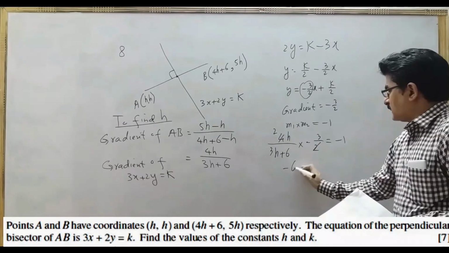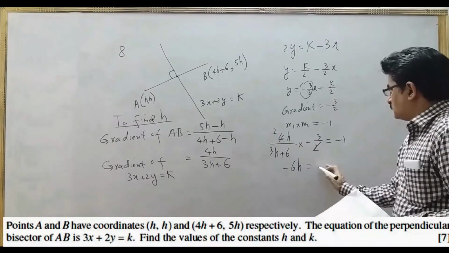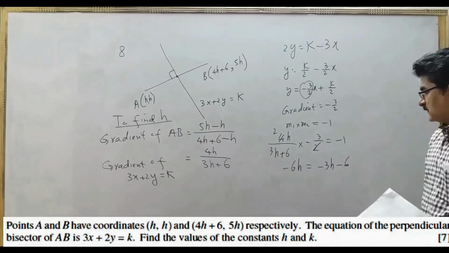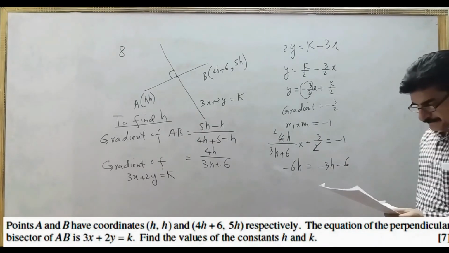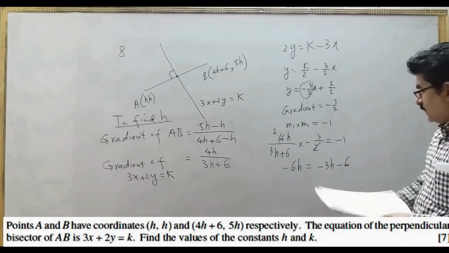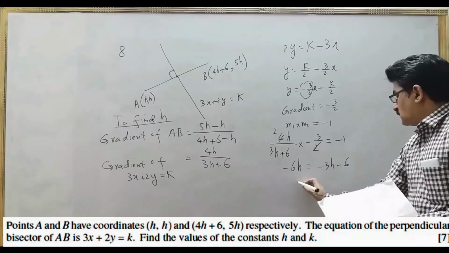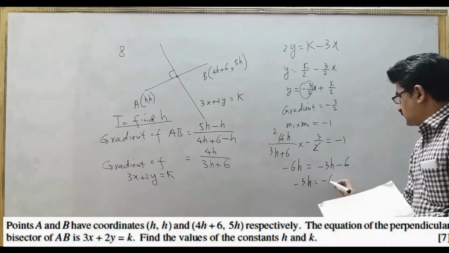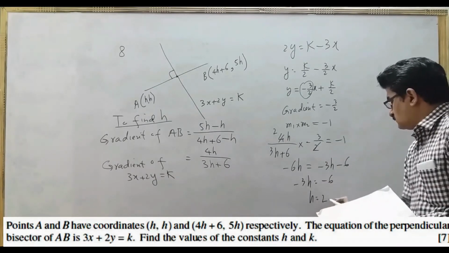So you have minus 6h equal to minus 3h minus 6. So from here we get the value, minus 3h equal to minus 6, h is equal to 2.